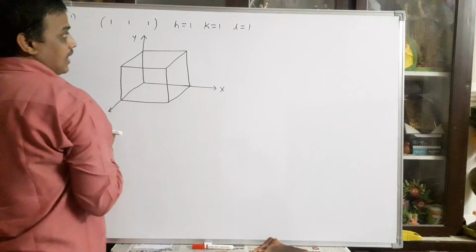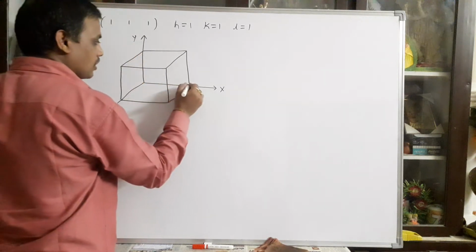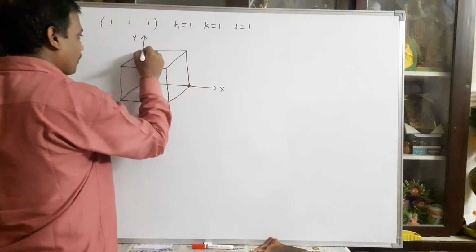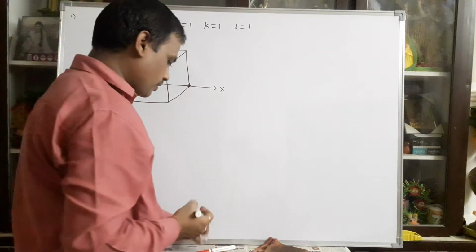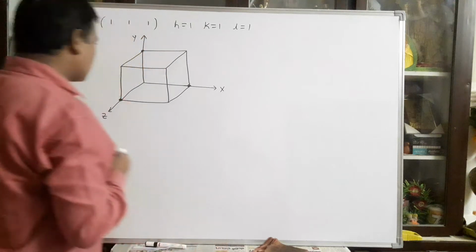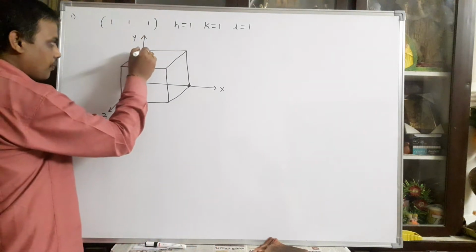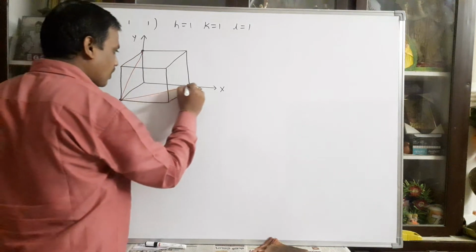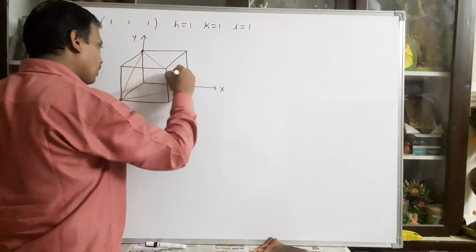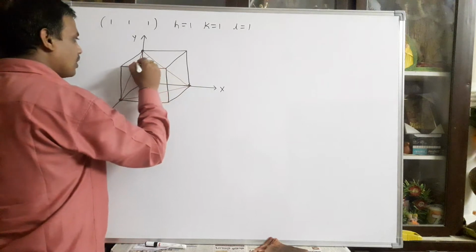So along the x direction, 1, k, 1, nothing but you can take 1 1 1. I am taking the unit cube. So based on these 3 points, the 3 points are combined one by one like this. There exists a triangular plane.